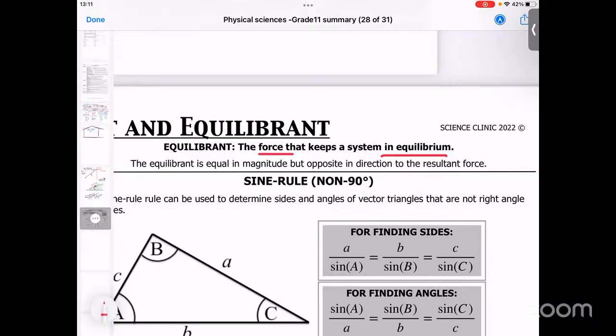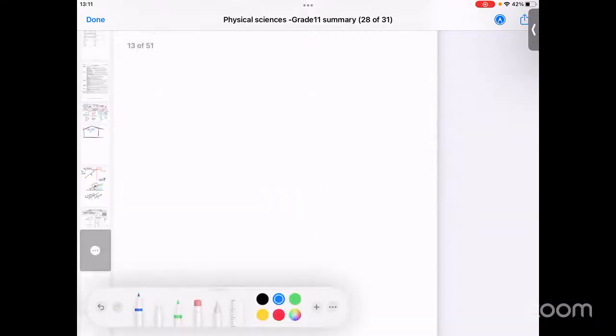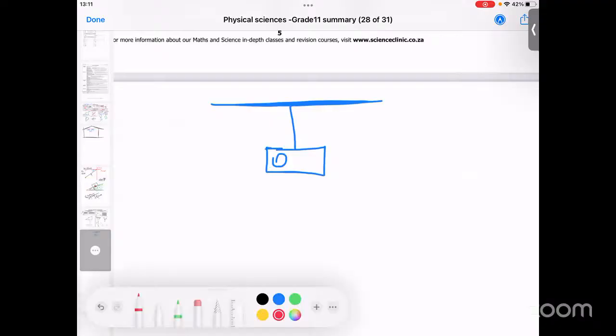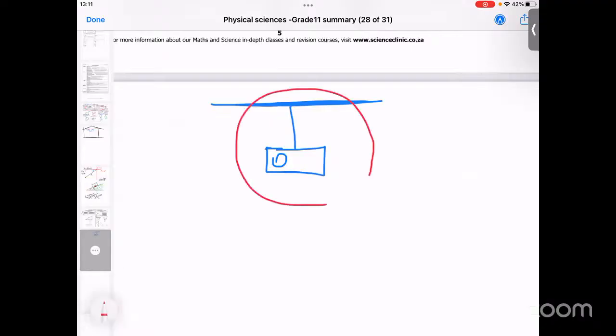Maybe a practical example would be, let's say this is a ceiling. We have a cord that is holding a projector there, something of that nature, honorable member. So you can see that force is being applied to keep this system in equilibrium.